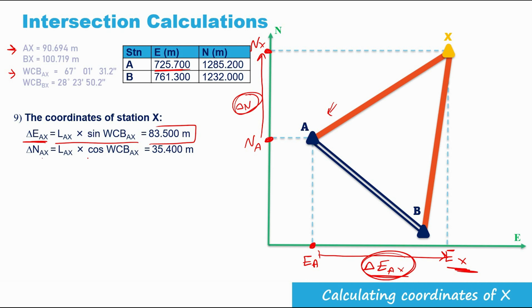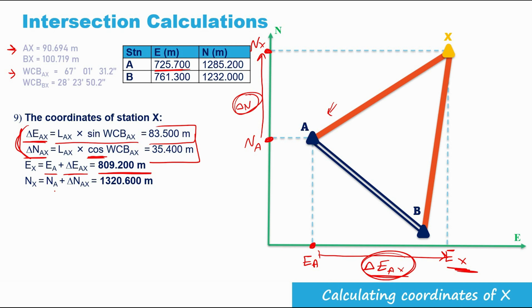The change in northing, the same relation. Instead of sine, use cosine the whole circle bearing of AX, and the answer is 35.4 meters. Now we have calculated the change in easting between A and X and the change in northing between them. Now easting of X is easting of A plus the change in easting, which is in this case 809.2 meters.